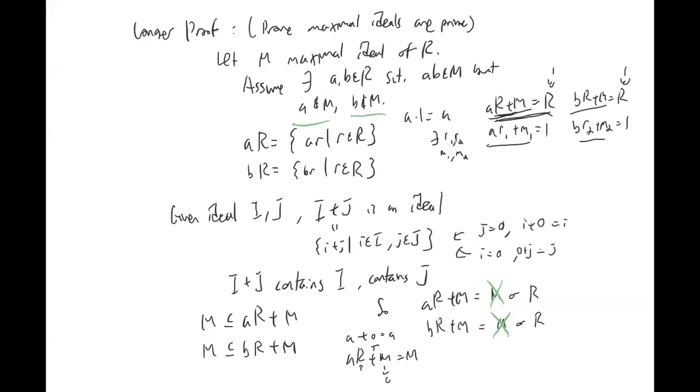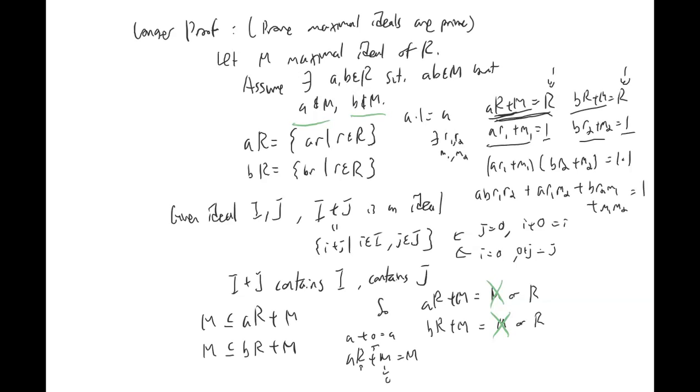Okay, now we're done, because BR2 plus M2 is 1, so 1 times 1 gives the product of these two. Then ABR1R2, I'm bad at foiling, plus AR1M2 plus BR2M1 plus M1M2. So this is equal to 1.